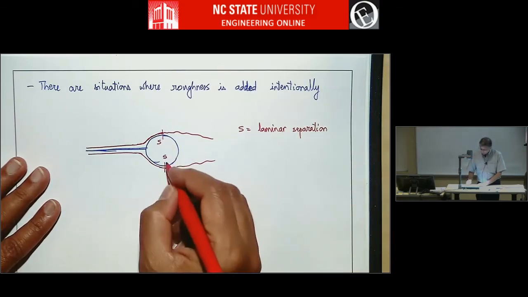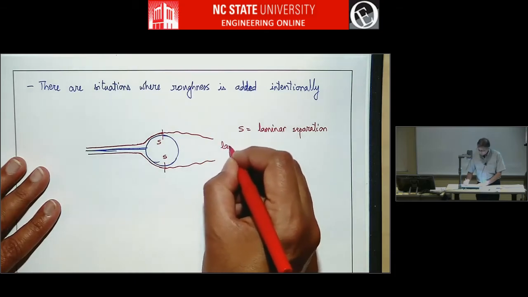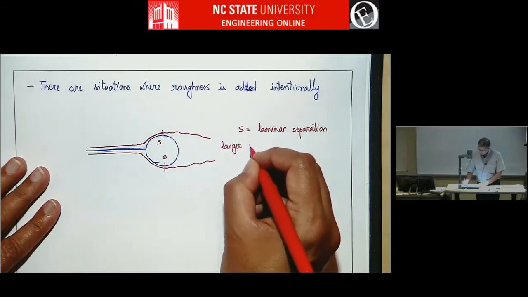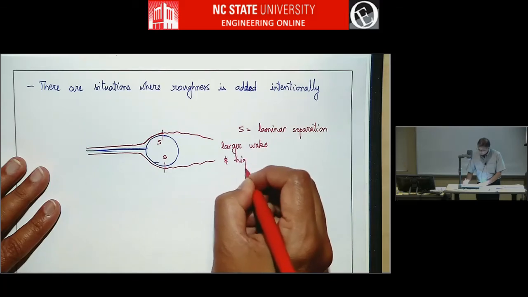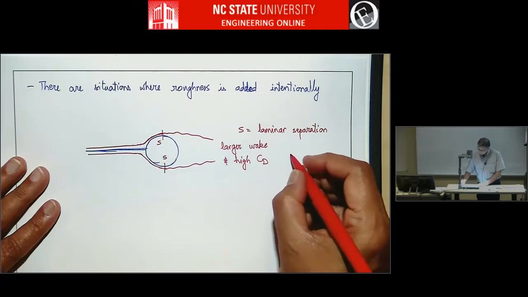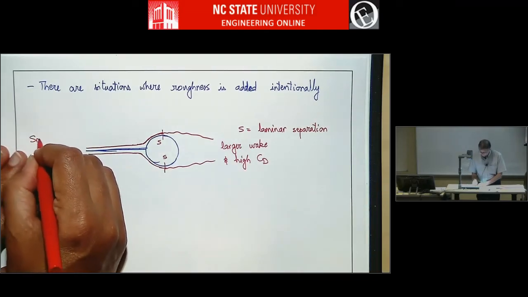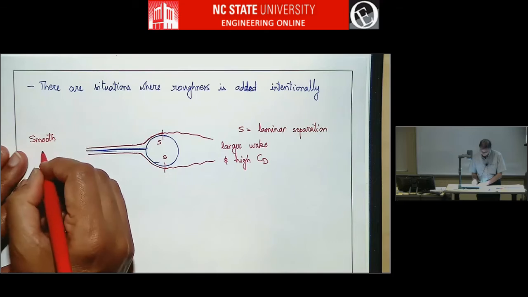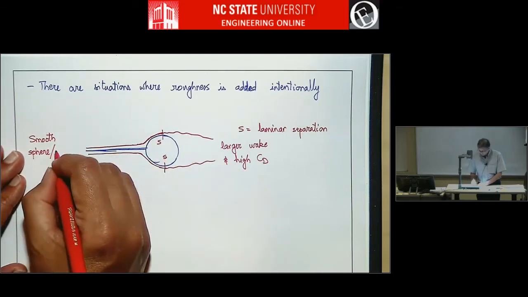And because the separation happens at the equator, you have a larger wake and high drag coefficient. So this is a smooth sphere or cylinder, it doesn't matter. The flow is more or less the same.